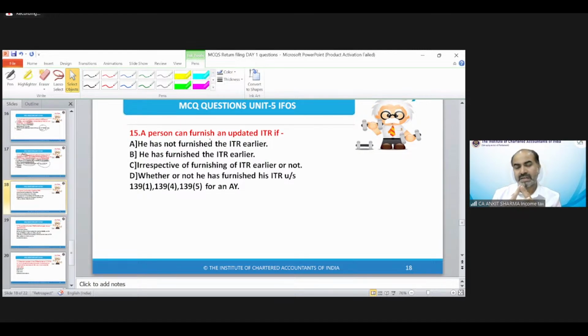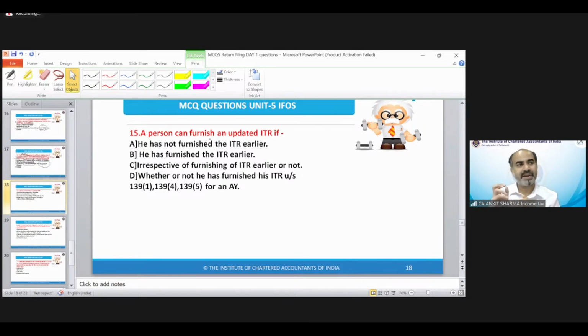Pooja is saying D. Malu is saying D. Om Krishna Gupta is saying D.